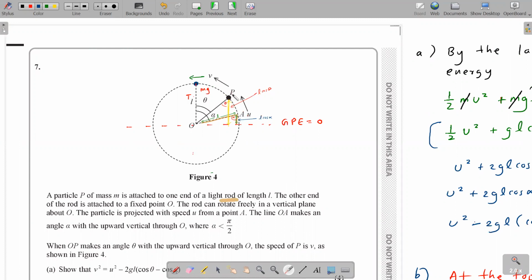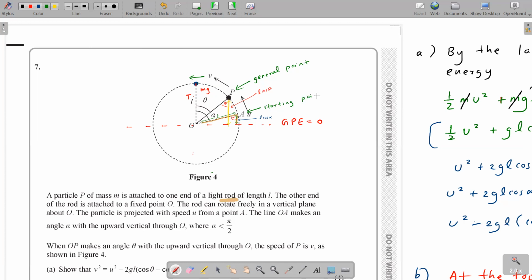So this u was a fixed velocity because it is the starting velocity, and that's not a variable. The variable here is v, because the particle is going through this path, and this point P is a general point. A general point can be anywhere, and it is measured in terms of theta, so theta is a variable. The starting point is not a variable.